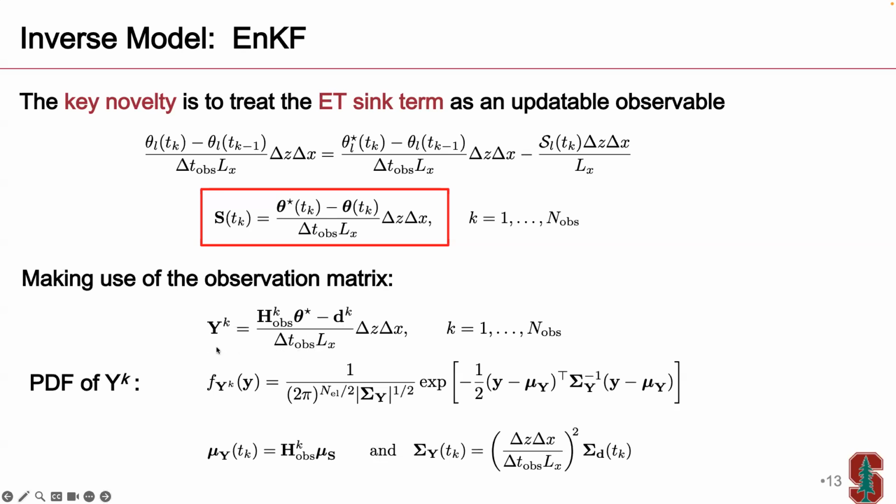And this Y_k has the same PDF as the soil moisture data, and these are the mean and the covariance of this PDF. So in this procedure, rather than assimilating the soil moisture data D, we assimilate this rescaled Y_k.